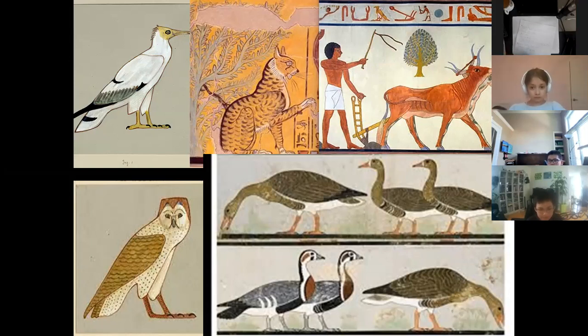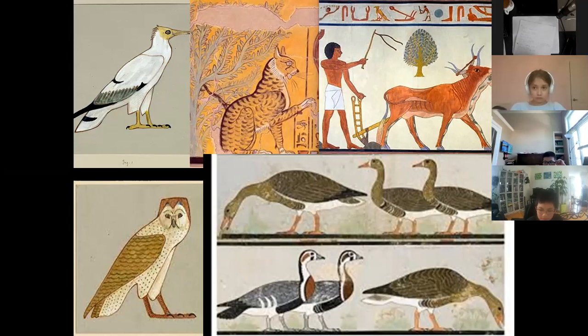Or if we make the head smaller and the oval a little bit flat and connect the head to the body with a long neck, then probably we can get the goose. Okay, so this is how we use the basic method of drawing birds and animals for the Egyptian style birds and animals.